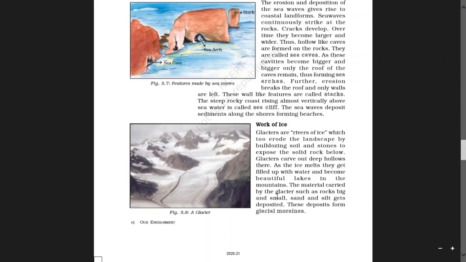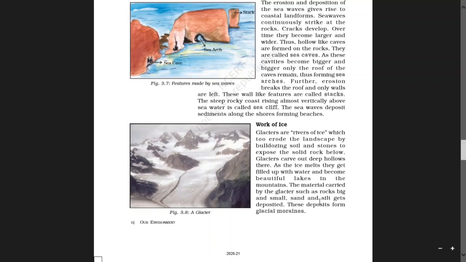The material carried by the glaciers, such as rocks, big and small, sand, and silt, gets deposited. It settles somewhere.